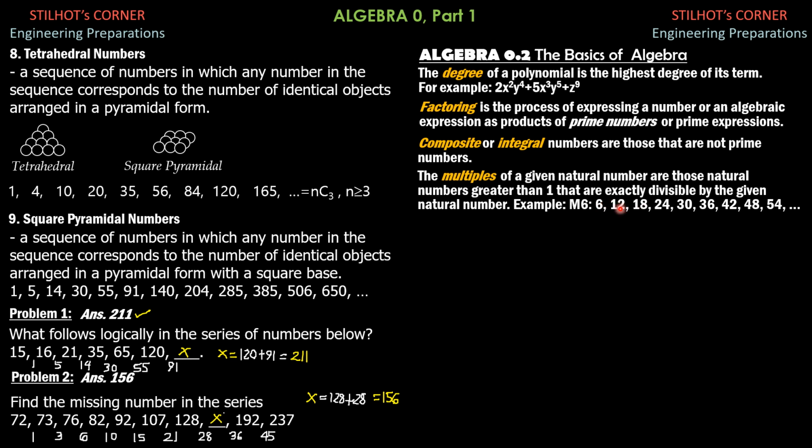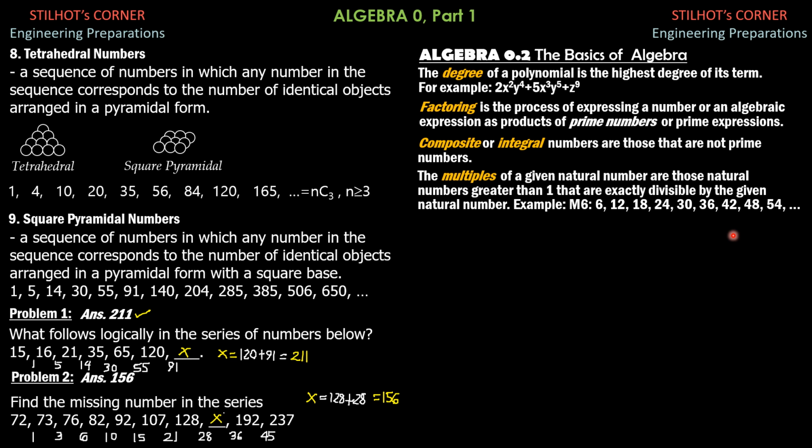Multiples of 5 are 5, 10, 15, 20, 25, 30, 35, 40, and so on. Multiples of 8 are 8, 16, 24, 32, 40, 48, and so on. So that's about multiples of a number.